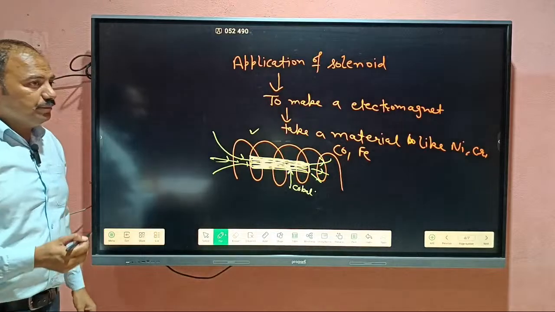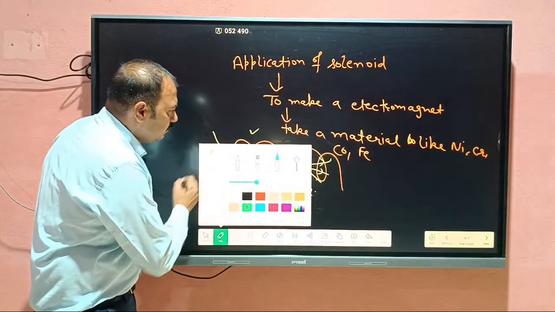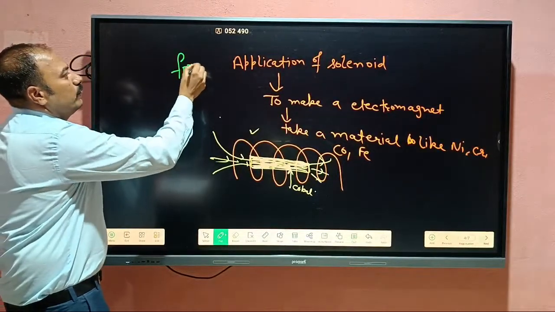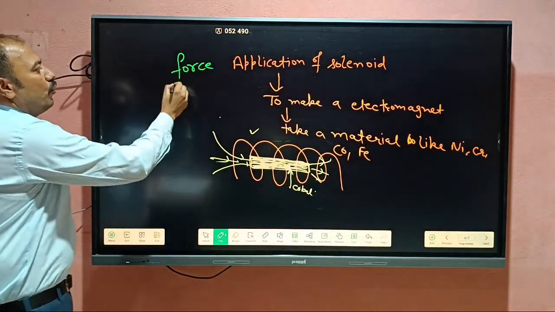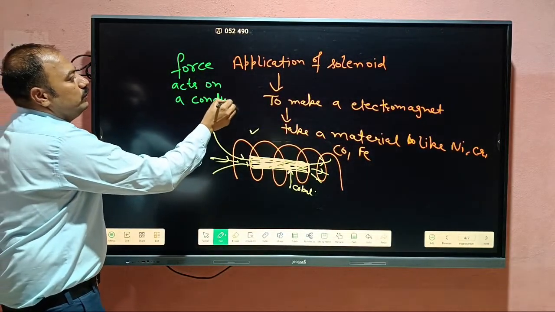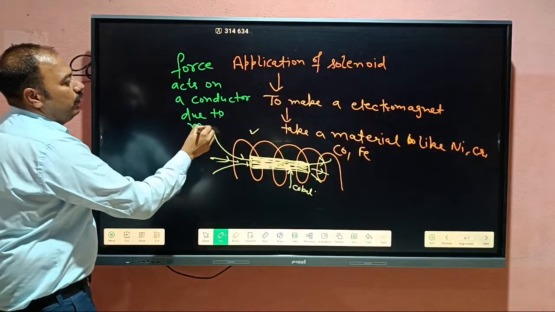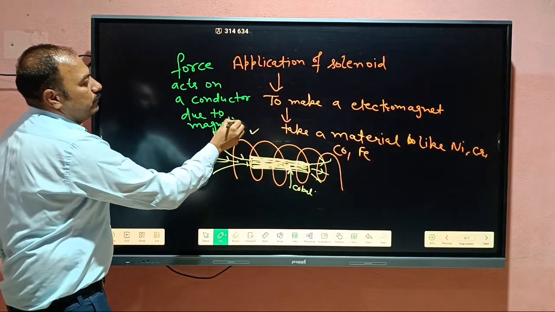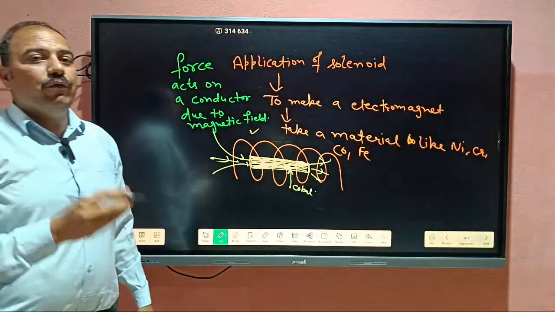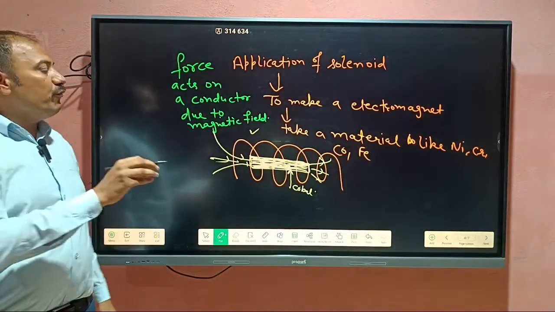So next is the force acting on a conductor due to a magnetic field. This means when we put a conductor inside a magnetic field, the magnetic field applies a force on the conductor.